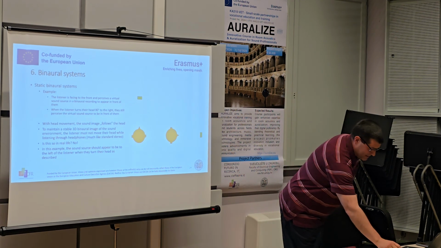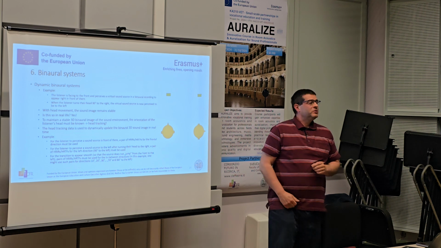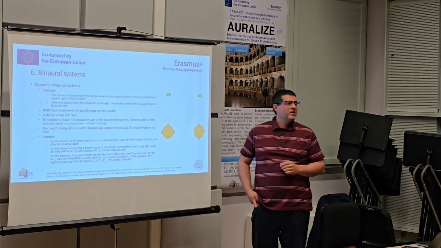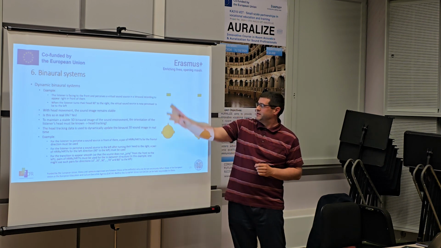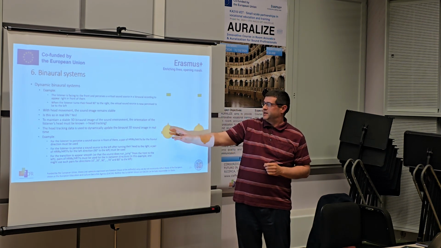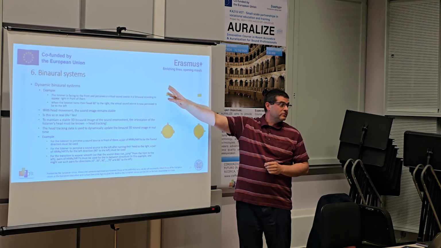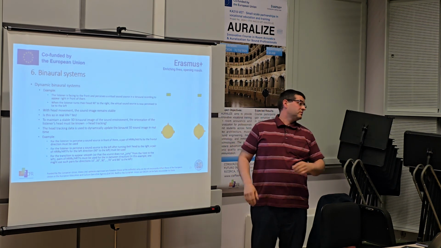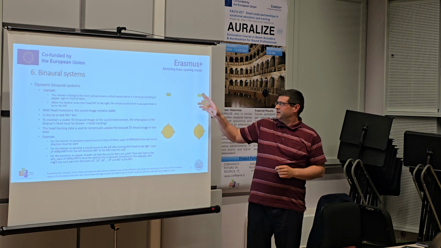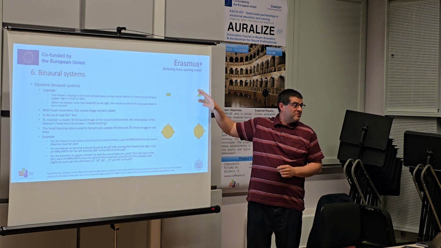So what do we do then? We use something called dynamic binaural systems. If you have a listener, let's say he perceives the source from the front, when he turns right, the source should stay at the same place. So this is exactly what we want.